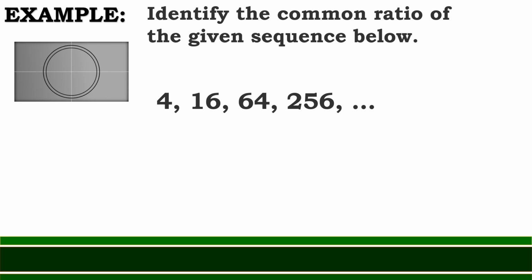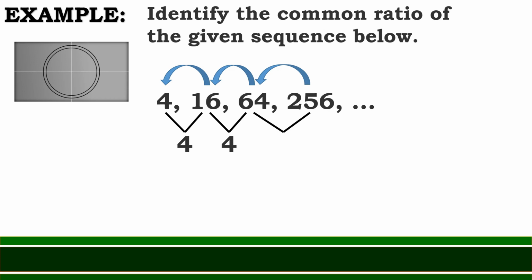So, una, 16 divide 4. 16 divide 4 will give you 4. Very good. So, 64 divide 16 will give you 4 also. Very good. Then, 256 divide 64 is also 4.